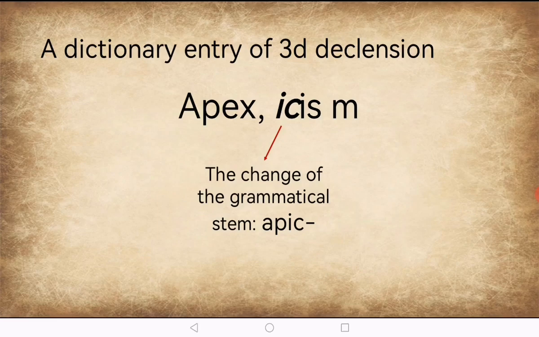Apex, apicis. So x changes to c and e changes to i. And the stem is not apex but apic. Okay, words of the third declension are the most difficult, and we will study them more closely a bit later.